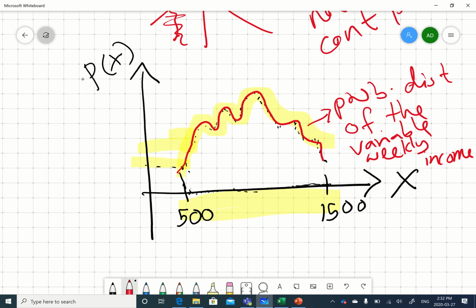the y-axis. So if you want to read 1000, you just go straight, find the point, and then read the probability from the y-axis, right? If you want the probability that the weekly income is less than 1000, you have to do this for all individual points.